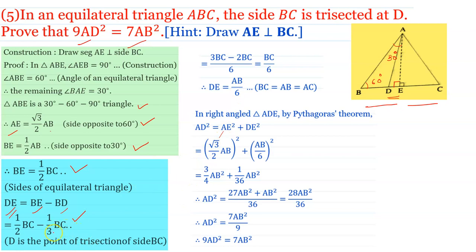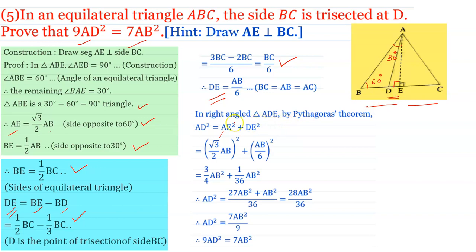That is 3 BC minus 2 BC, you will get BC upon 6, since 2 into 3 is 6. Therefore DE is equal to BC upon 6, that is AB upon 6, because we want to prove the relation in terms of AB. So we got the side DE, which is what we need.